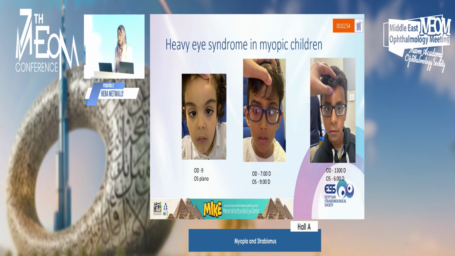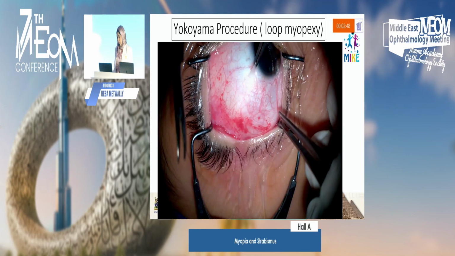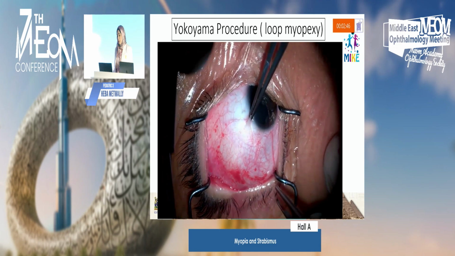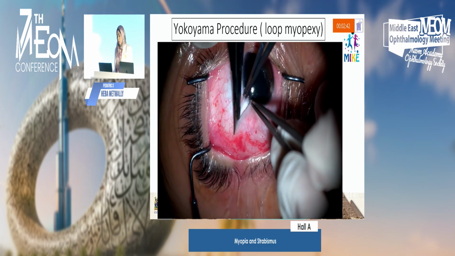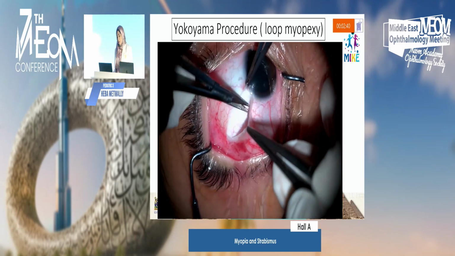So heavy eye syndrome can present in children, although it is not reported in the literature. And this is my technique for the Yokoyama procedure. This is how to do it very simply and very fast.